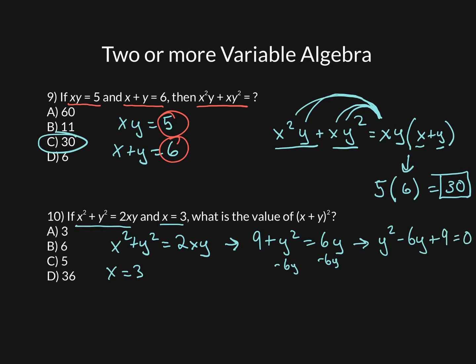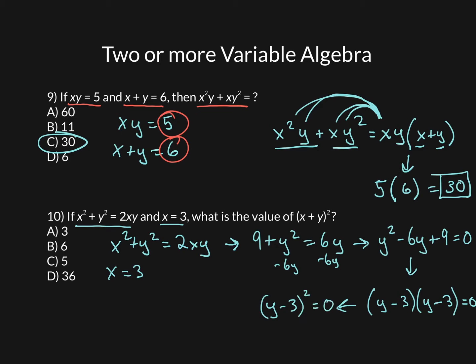Now with that equation, I'm going to simplify it and break it down into y minus 3 times y minus 3 equals 0. And that can also be rewritten as y minus 3 squared equals 0.